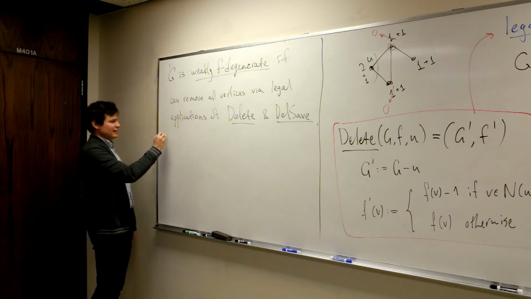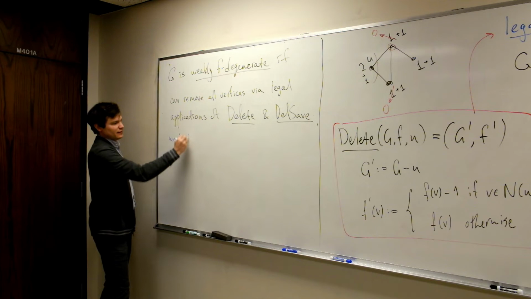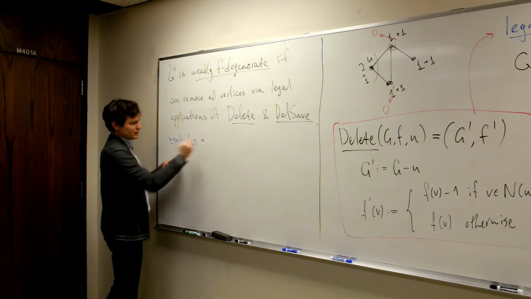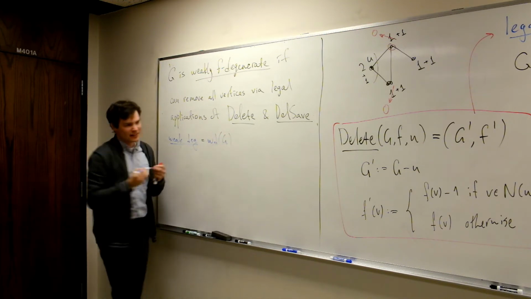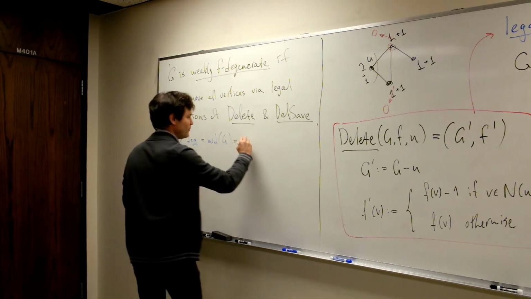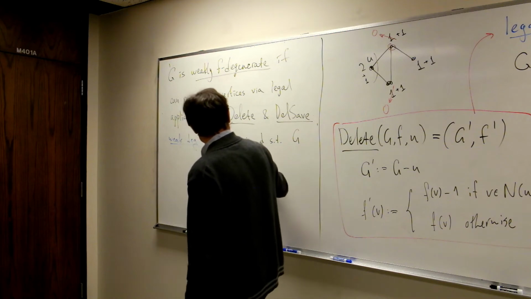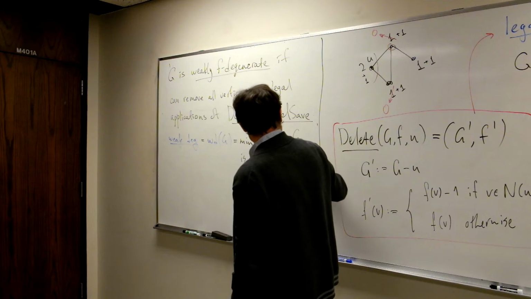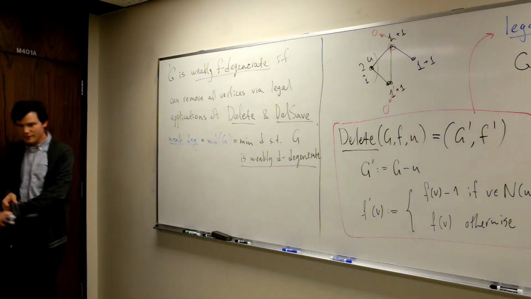And the key notion for this talk, weak degeneracy of G, which I'm going to denote by WD of G, is the minimum D such that G is weakly degenerate. Okay, that's the definition.